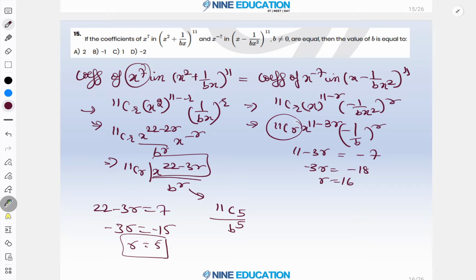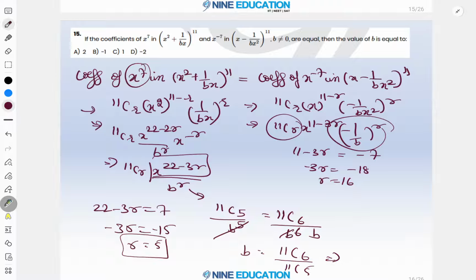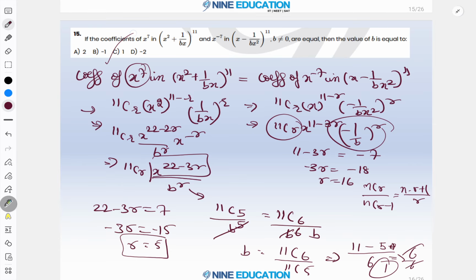So from here the coefficient will be 11C6 by b^6, right? This gets cancelled, therefore b is equal to 11C6 by 11C5. If you know the formula nCr by nCr minus 1, directly you can say it is (n minus r plus 1) by r. So this is (11 minus 5 plus 1) by 6, that's 6 by 6, so the value will be 1. Option C.